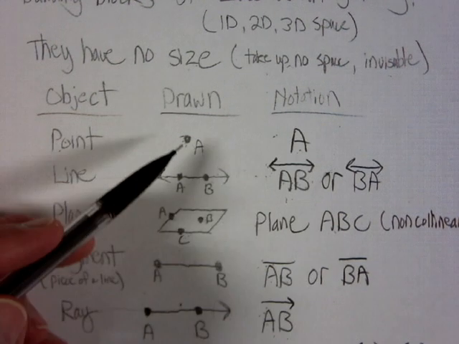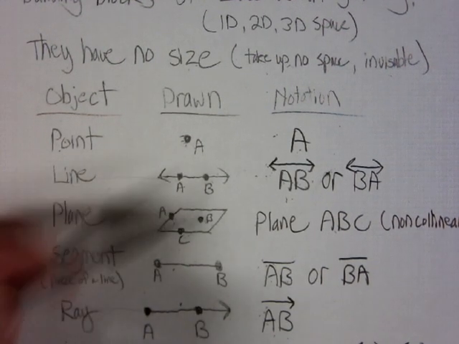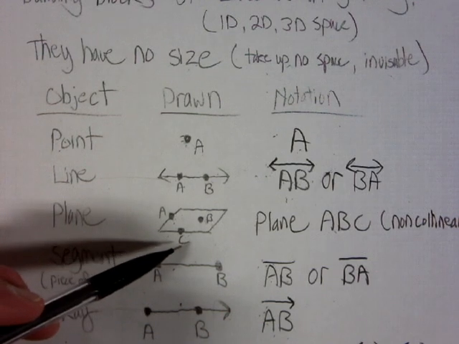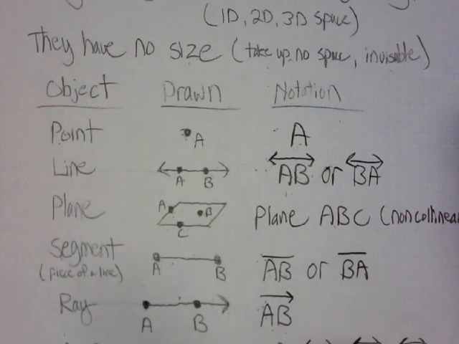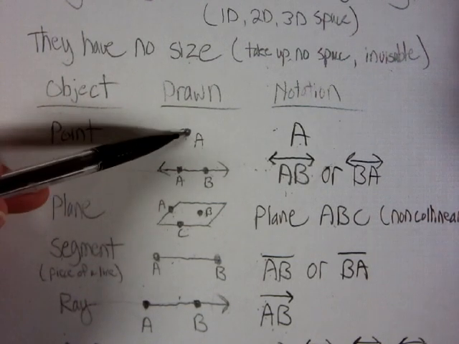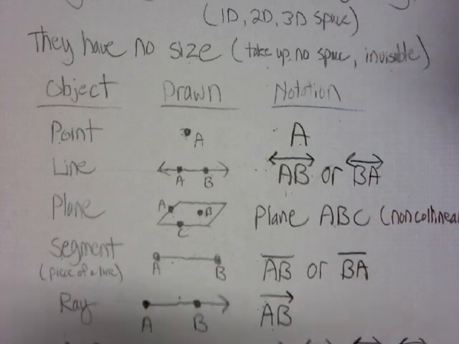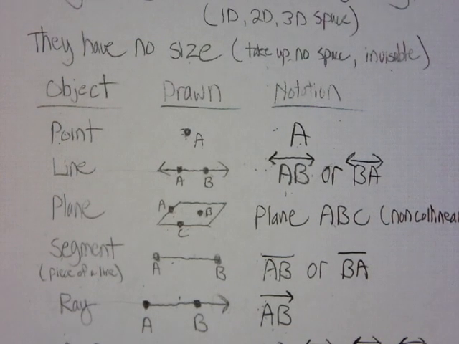Okay, so the thing to remember is the way we draw these objects is not the object itself. Okay? The drawing is the representation we use, okay, so that we can talk about it and see it and look at it. All right? So this dot, okay, is not the point. It's just the representation we use for the point itself.